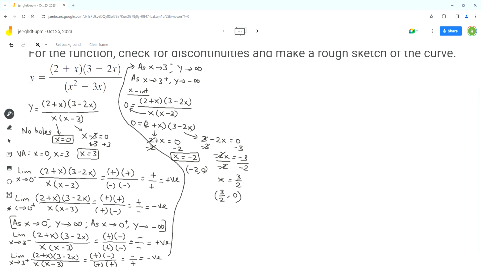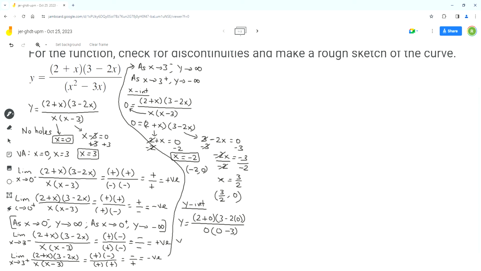Now we can find the y-intercept for this function. For that, we should sub in x as 0. Now if we sub in x as 0, y equals, we can use the factored form, (2 plus 0) times (3 minus 2 times 0) over 0 times (0 minus 3).